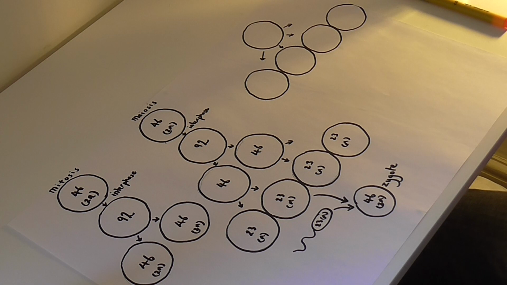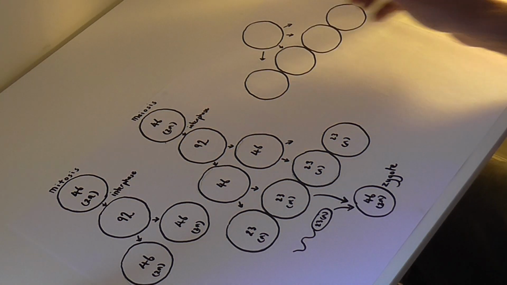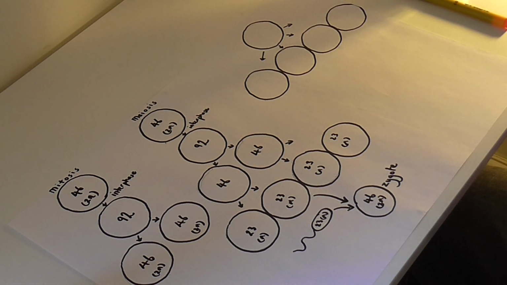So to illustrate the role of meiosis cell division in terms of creating genetic variation, I'm going to just look at this diagram over here. Let's look at a particular organism, a particular species where they don't have huge numbers of chromosomes.